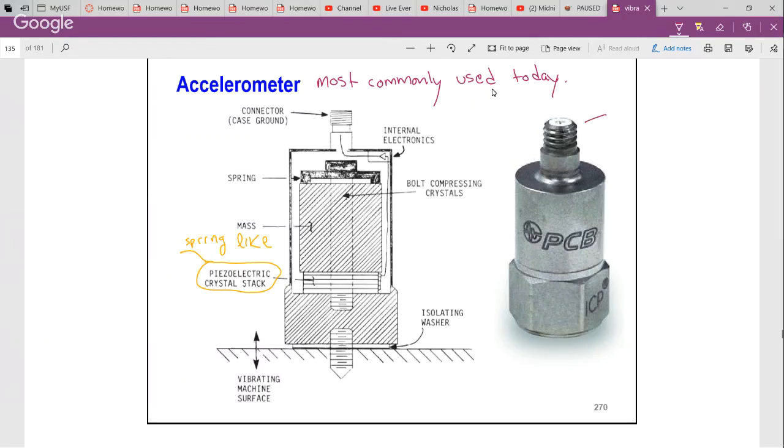Just like here, how many of you know what 10-32 means? How many don't? You really should get a machinery handbook, or go back to your machine design book and look at the chapter on fasteners, study fasteners. All right? 10 indicates the screw size, 32 indicates how many threads per inch.